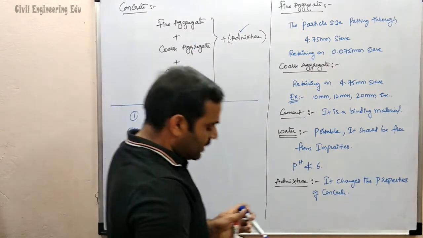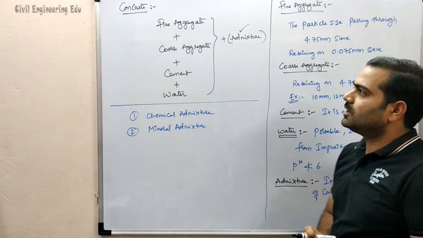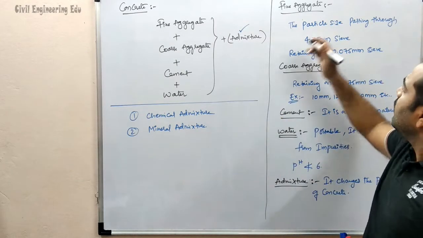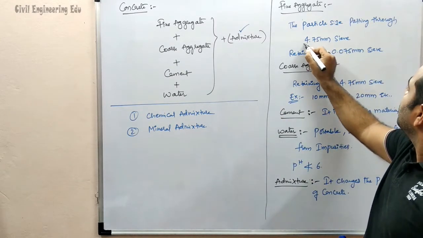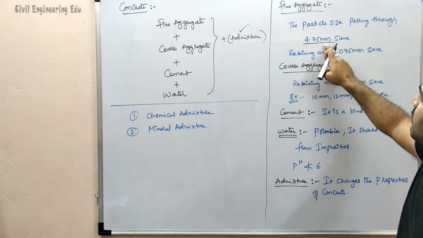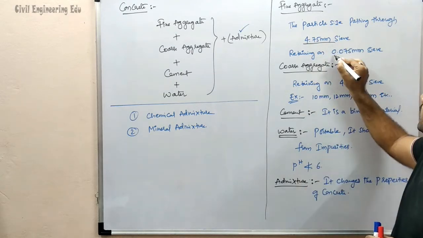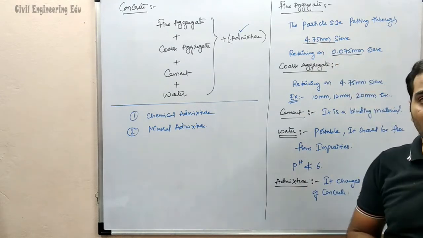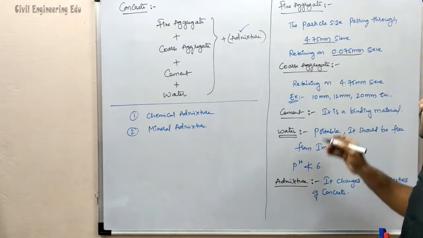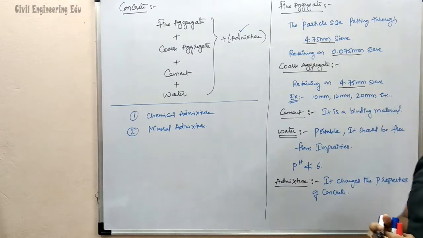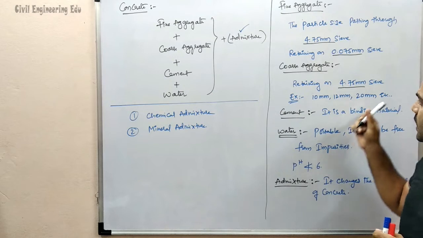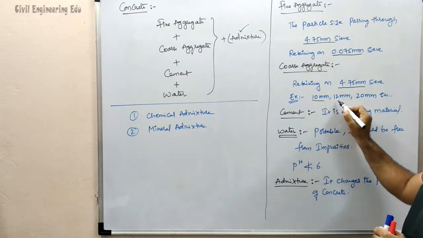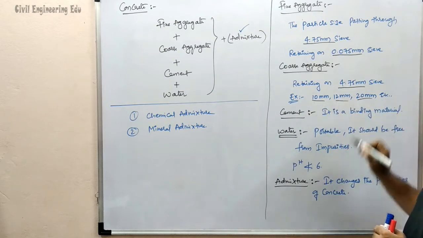So these are the materials, important materials which we use in mixture of concrete. Fine aggregate, it should be passing through 4.75 mm sieve size and it should retain on 0.075 mm. Then we call it as fine aggregate. Coarse aggregate, it should retain on 4.75 mm sieve size and the particles like 10 mm, 12 mm and 20 mm.